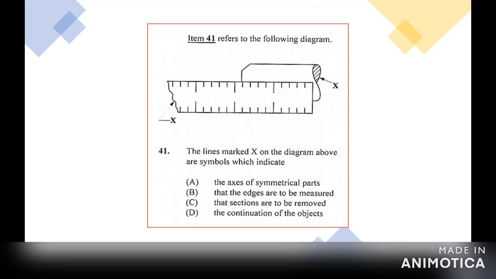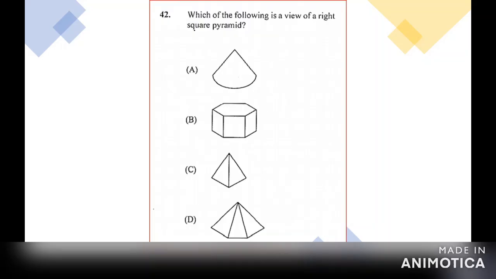Item 41. The lines mark X shows continuation of an object. So those two things, if you see lines or if you see like a squiggly line, it shows continuation. Parallel lines. Which of the following is a view of a right square pyramid?